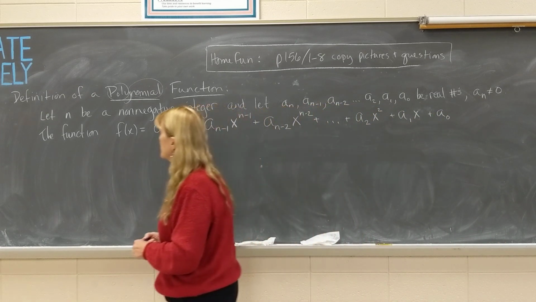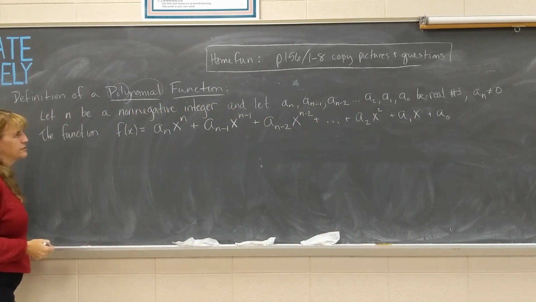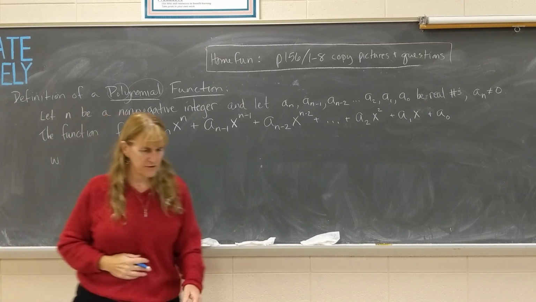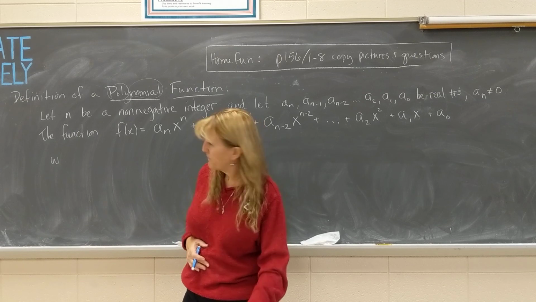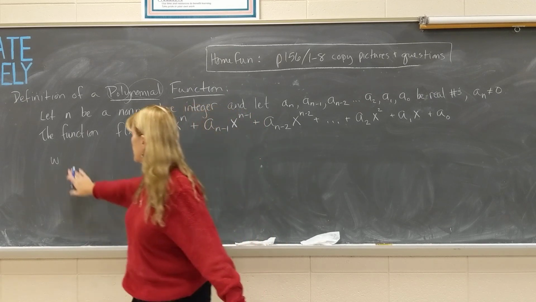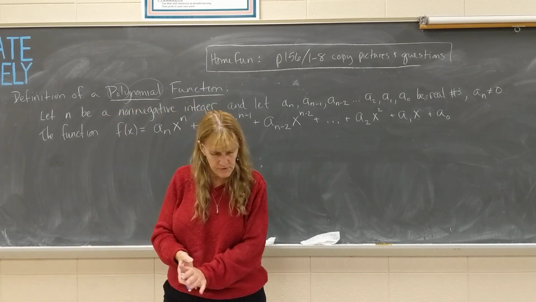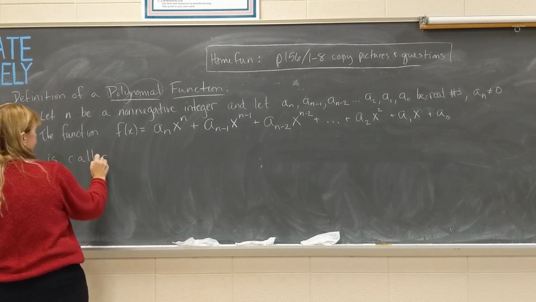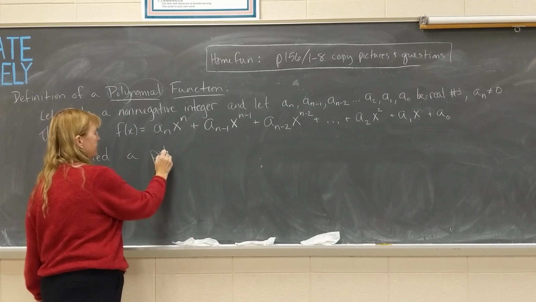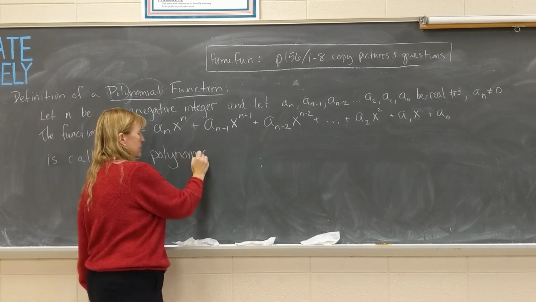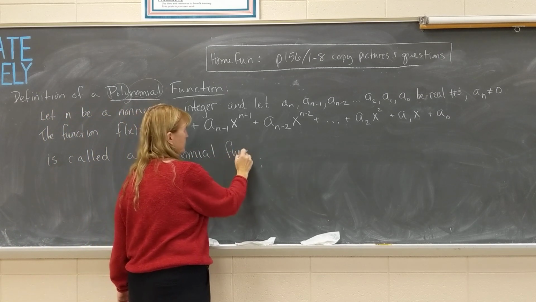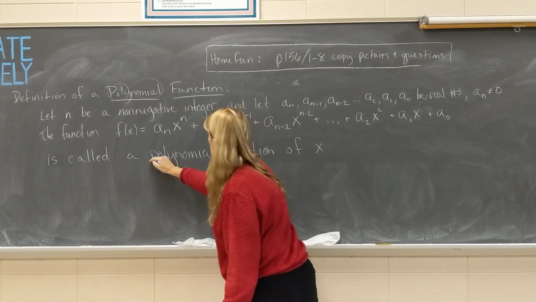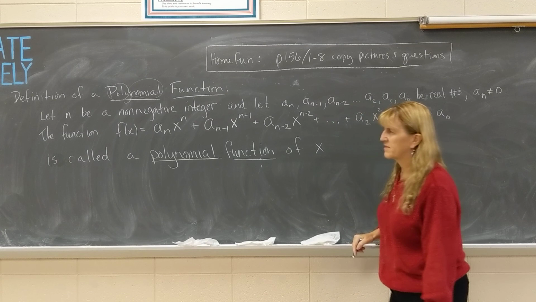I want to hit a little bit of terminology with you. I want you to know that your n, and I think actually the definition says, the function f of x equals all that stuff is called a polynomial function of x with degree n.